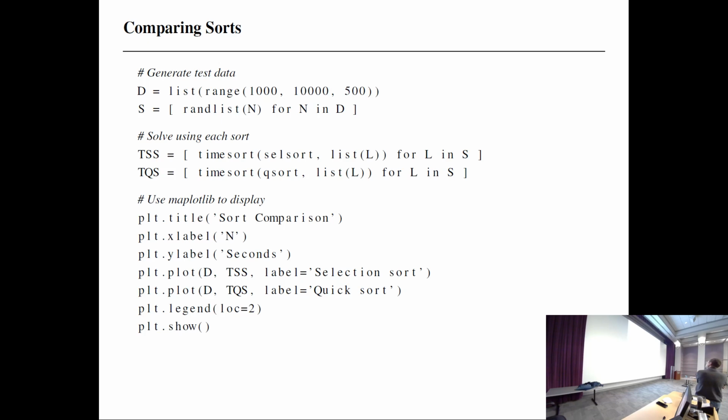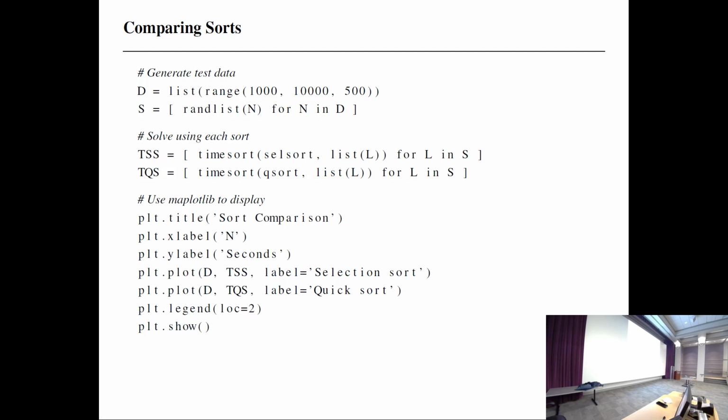Because I don't want to destructively modify these lists here. I want a new copy of the list. So that's a copy of the list L. I do that because if I sort them in the first call, then when I try them with quicksort, it'll be really fast because they're already sorted. So this makes sure that they both compare on the same thing. So this is the list of runtimes for selection sort, and the list of runtimes for quicksort.